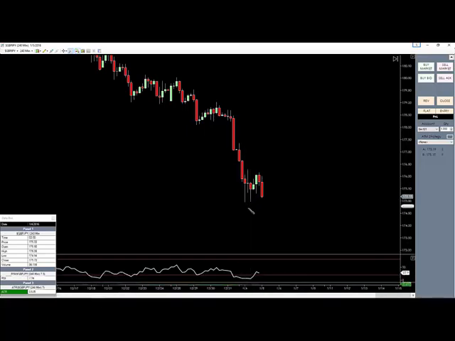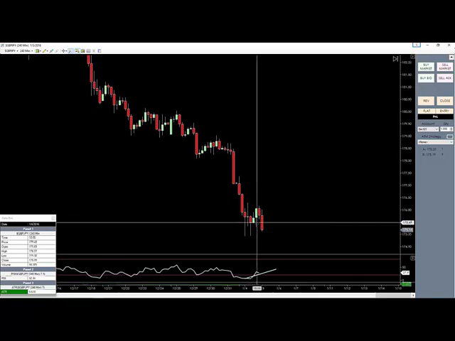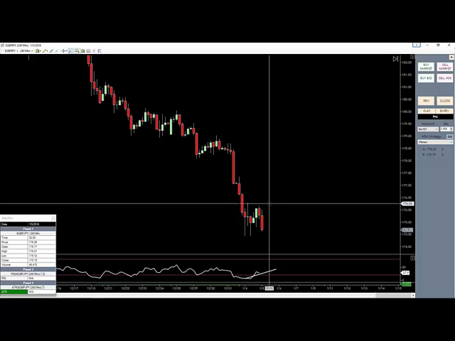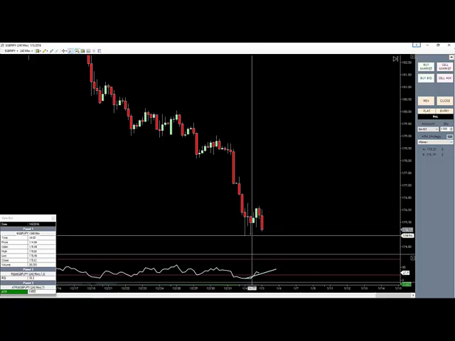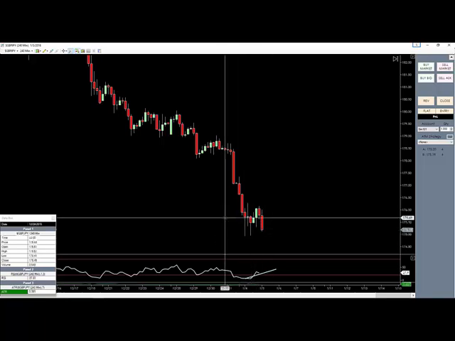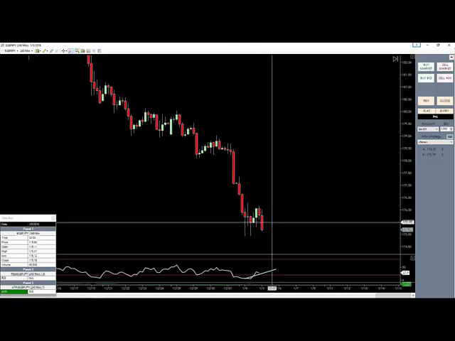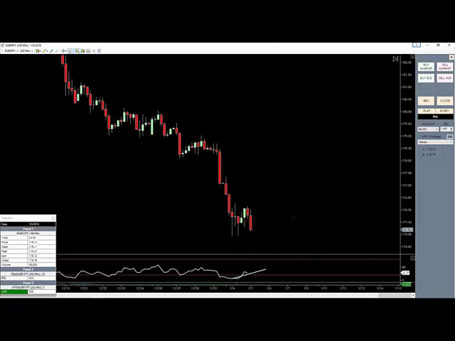We can also use this divergence in the RSI. So what we want to do is wait for this candle to close. We want to make sure that it doesn't close below the lows of these candles, and right after that, we buy the open of the next candle.